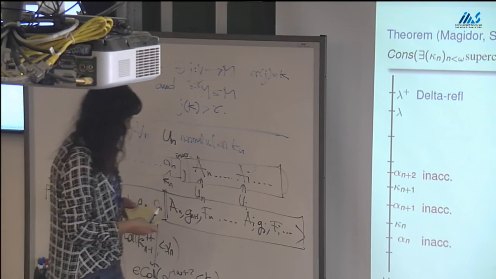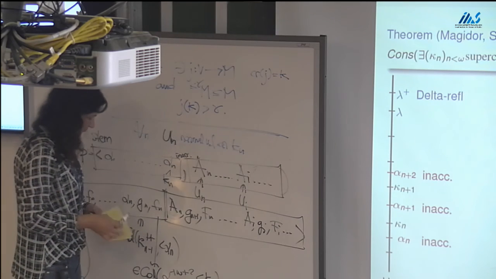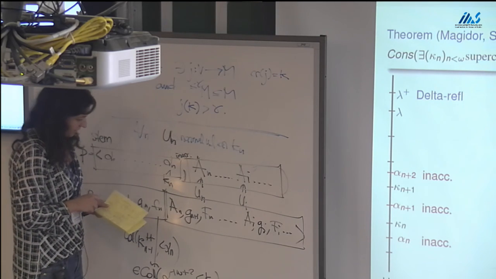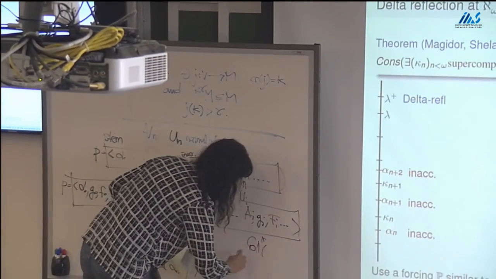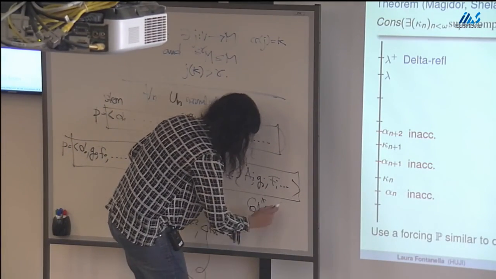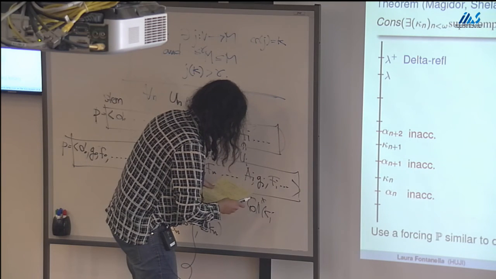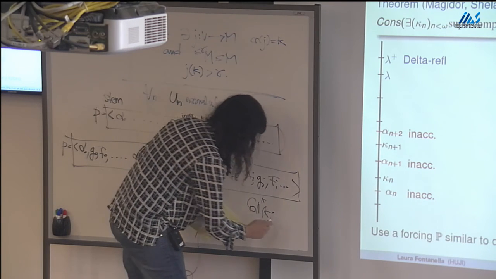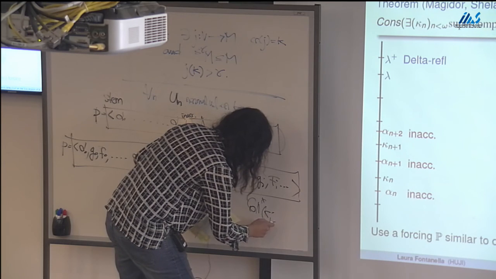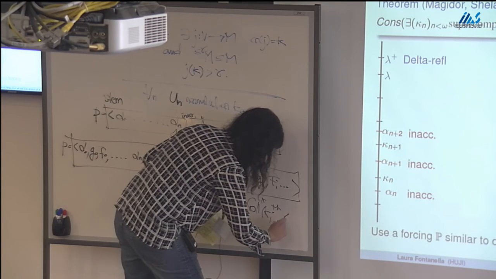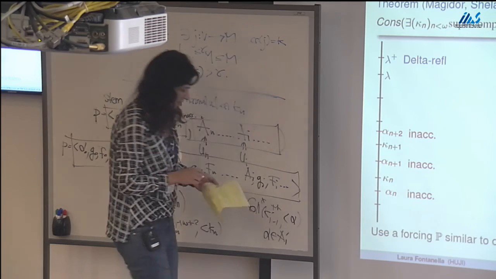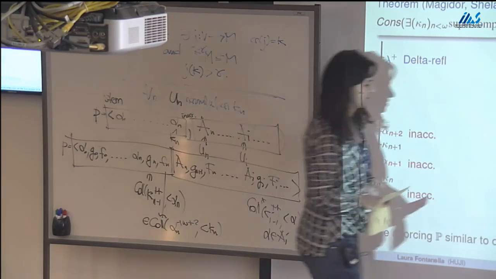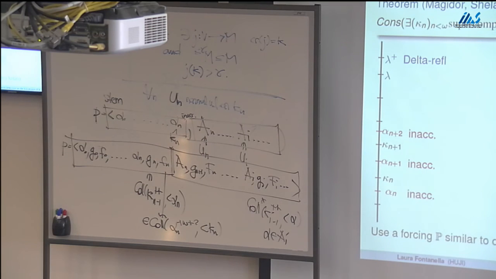Sorry. And these are in the forcing that collapses cardinals between kappa i minus 1 plus plus and alpha, where alpha is any ordinal in A_i. If you want the exact definition, this is the exact definition of the forcing.